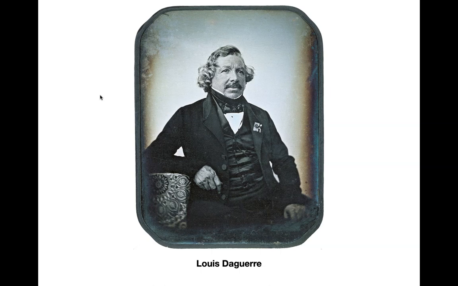Daguerre referred to his process as the daguerreotype, and rather than, everybody who came up with their own process had various solutions to, should they patent it, should they not, should they license it. Daguerre sold his to the French government, and they kind of dealt with all the licensing and things like that to say who could use it.